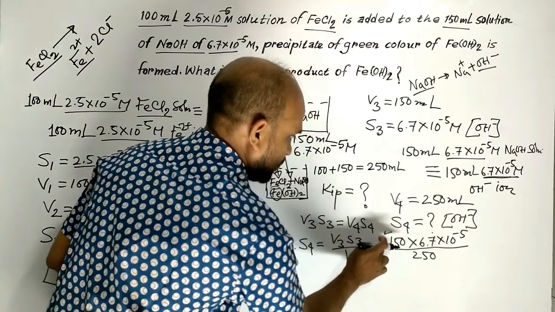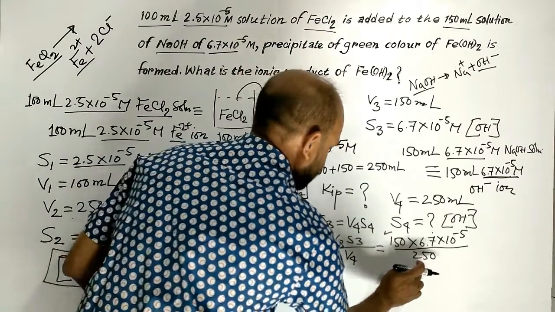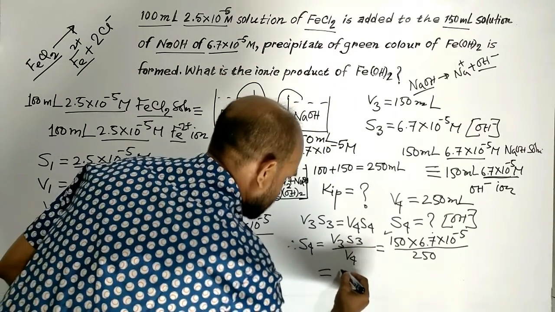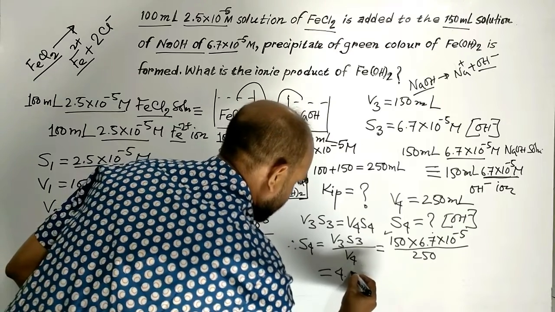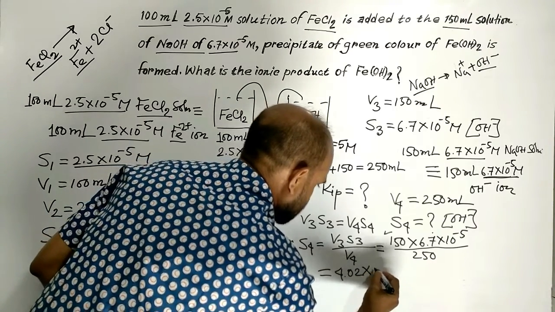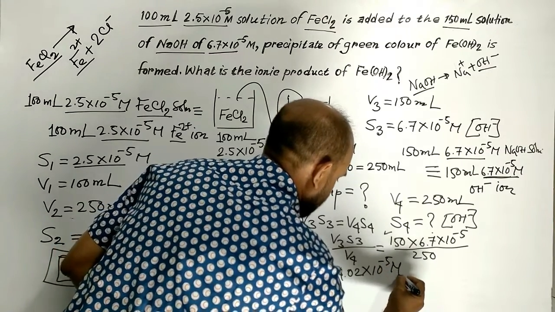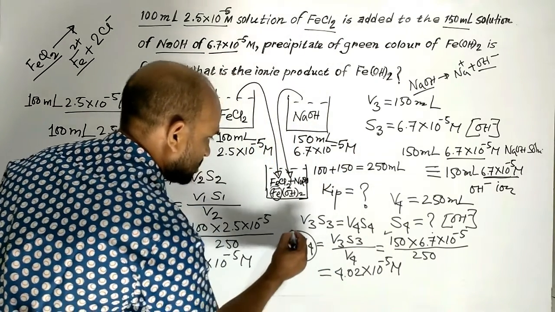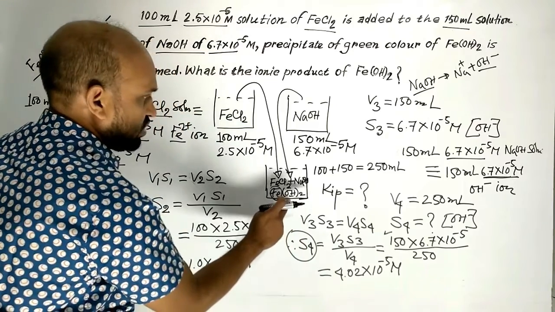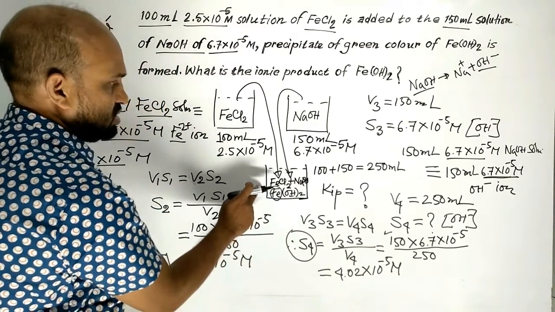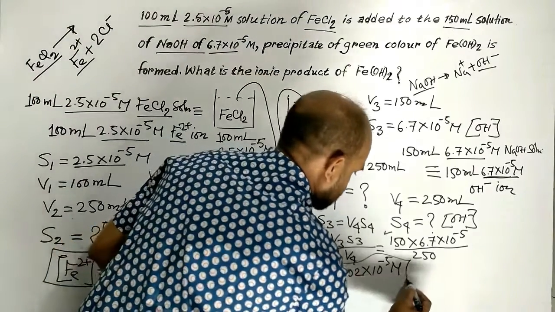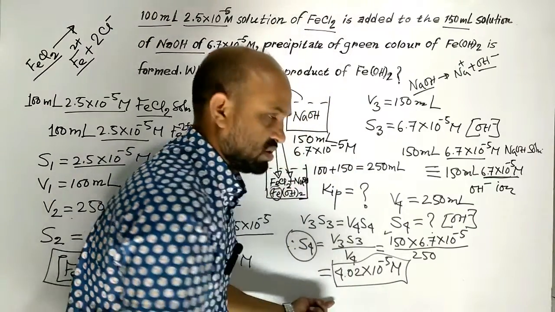This is before mixing, this is after mixing. This is equal to 4.02 times 10 to the power minus 5 molar. That is, we got concentration of hydroxide ion in the mixture.